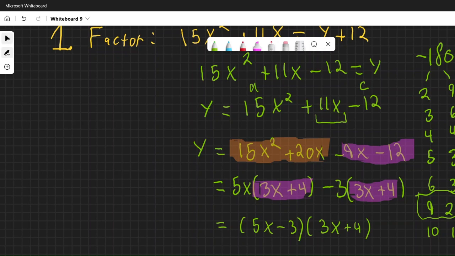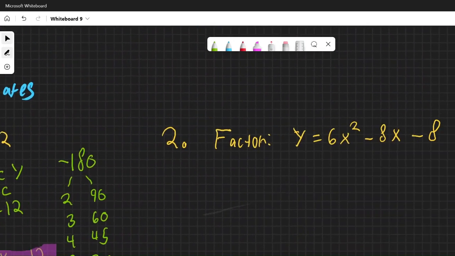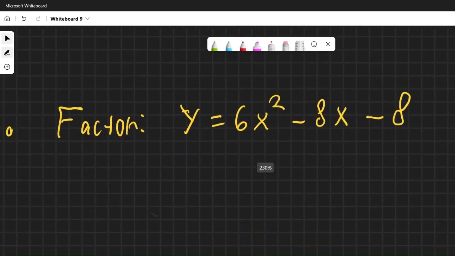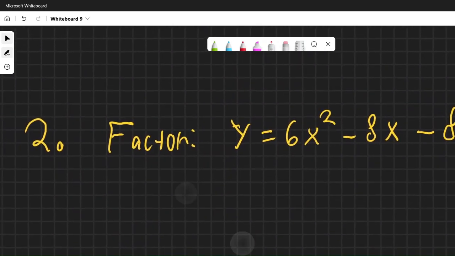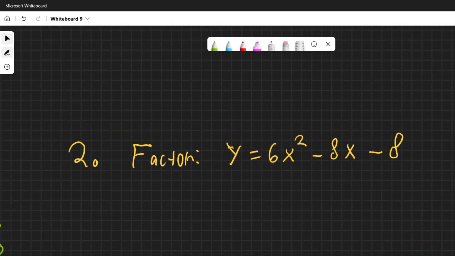I'll do another example. We have y equals 6x squared minus 8x minus 8. That's already in the proper form, so we're going to do the same thing. We're going to multiply our a value and our c value together and look for common factors. 6 times negative 8 will give us negative 48.